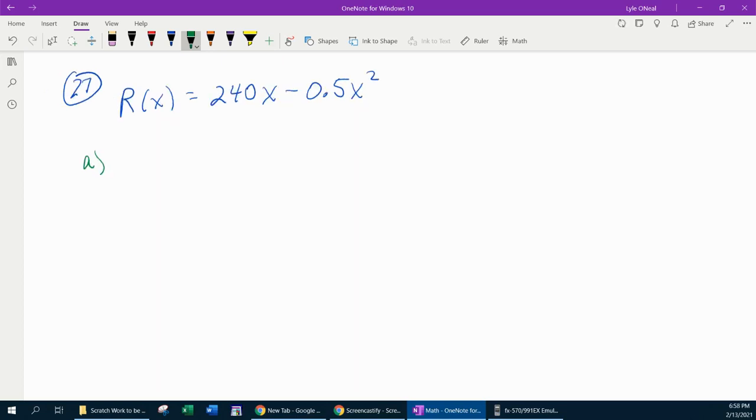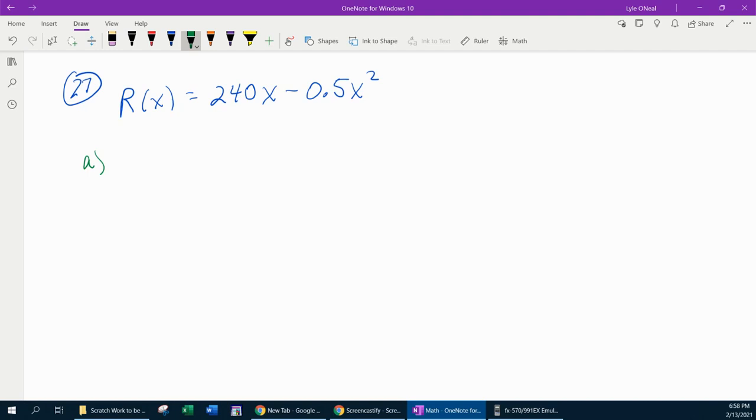All right, number 27 is our next example, and this is a word problem. It reads, a firm is marketing a new style of sunglasses. The firm determines that when it sells x pair of sunglasses, its total revenue is given.